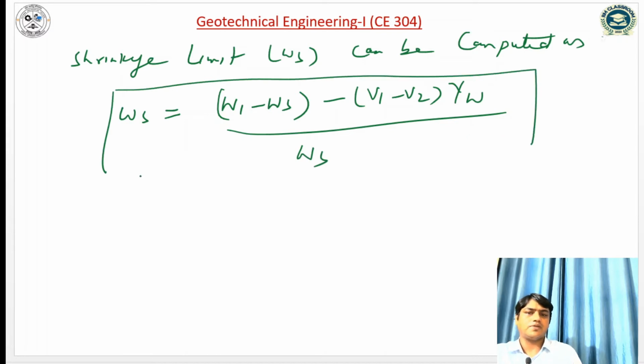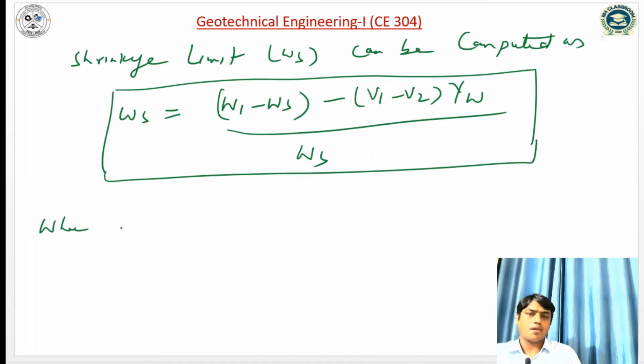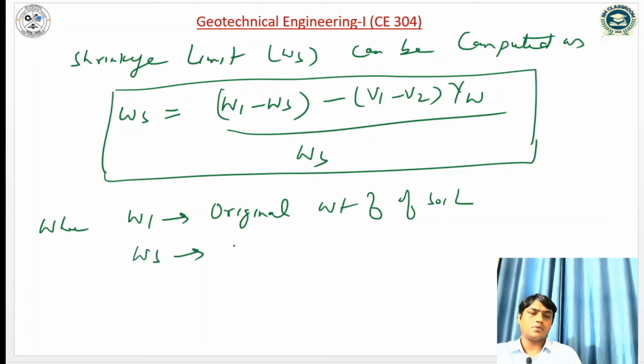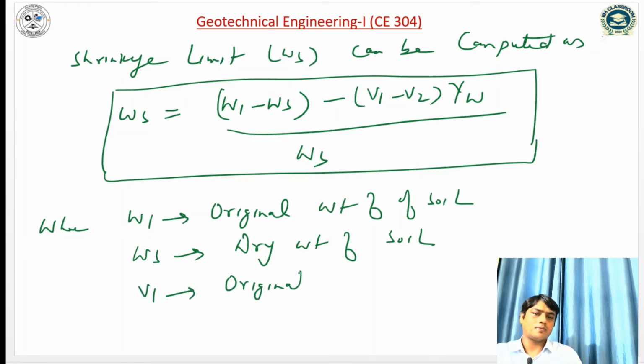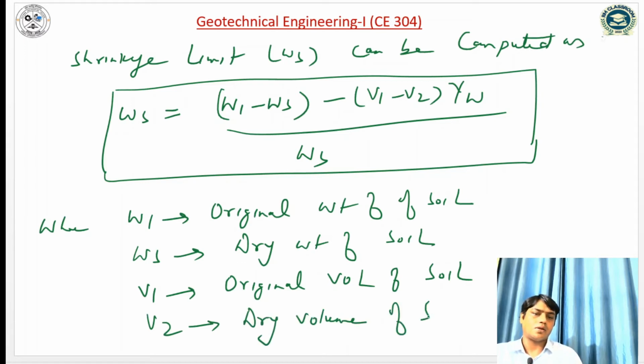So from this expression we can compute the shrinkage limit, where W1 is the original weight of soil sample, WS is the dry weight of soil, V1 is the original volume of soil, and V2 is the dry volume of soil.